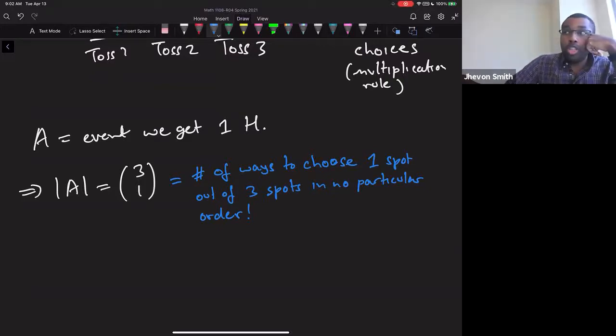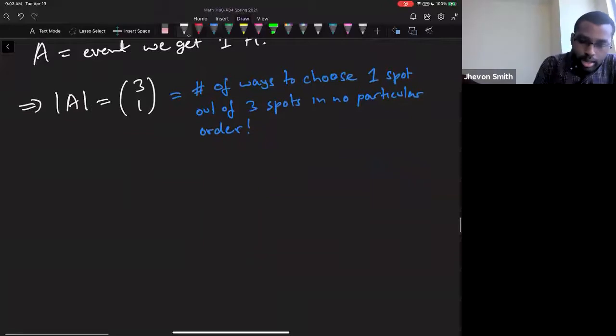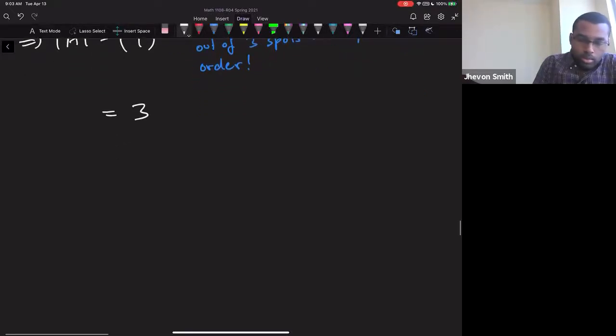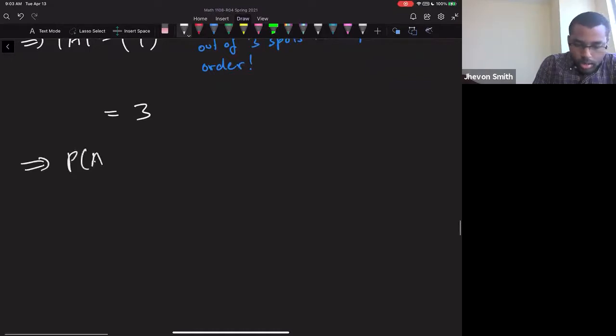So I know I want to choose one spot out of 3 spots for the head to appear. And so that's a combination by definition. Order doesn't matter to me. 3 choose 1 is 3. And so the probability of A is 3/8.